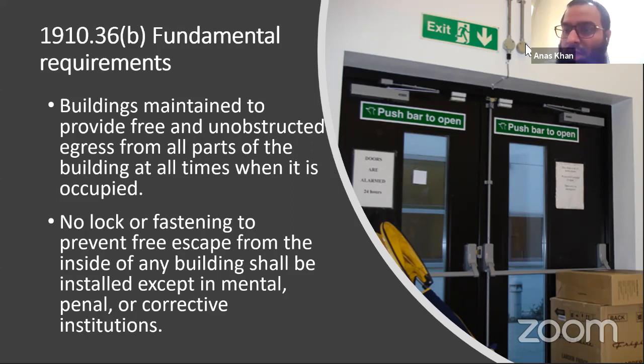Emergency exit cannot be locked. Only it can be locked in mental hospitals or correctional institutions or jail, right? If the jail lockup has an open emergency exit, then what will happen?